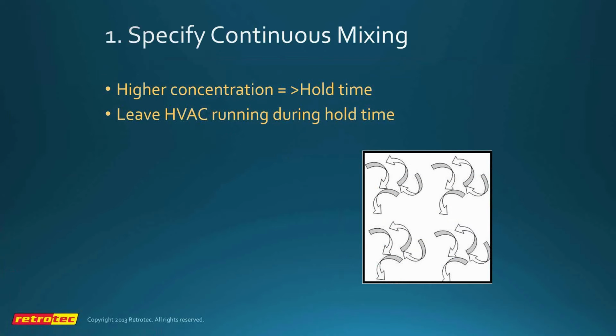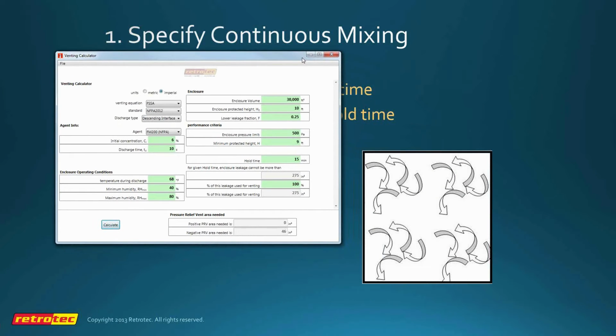One is to specify continuous mixing. Let's take a look at this on the little calculator here. We've got a minimum protected height of 9 feet, and a descending interface. What we're going to do is change that to continuous mixing.